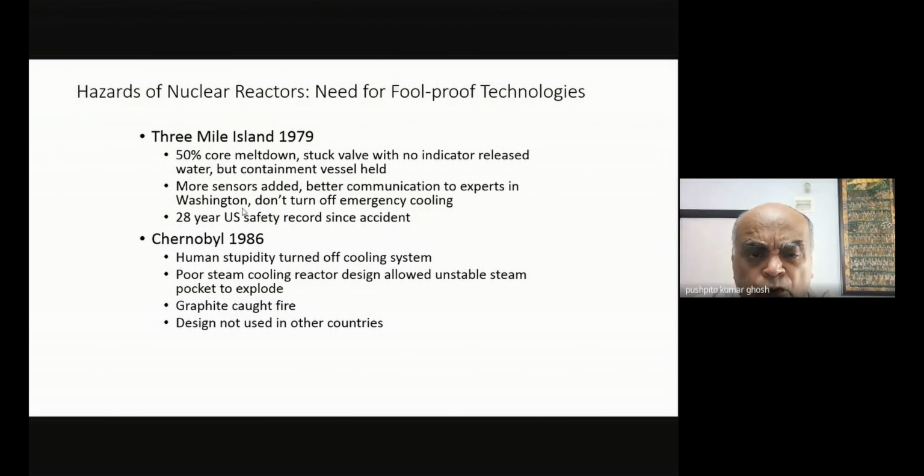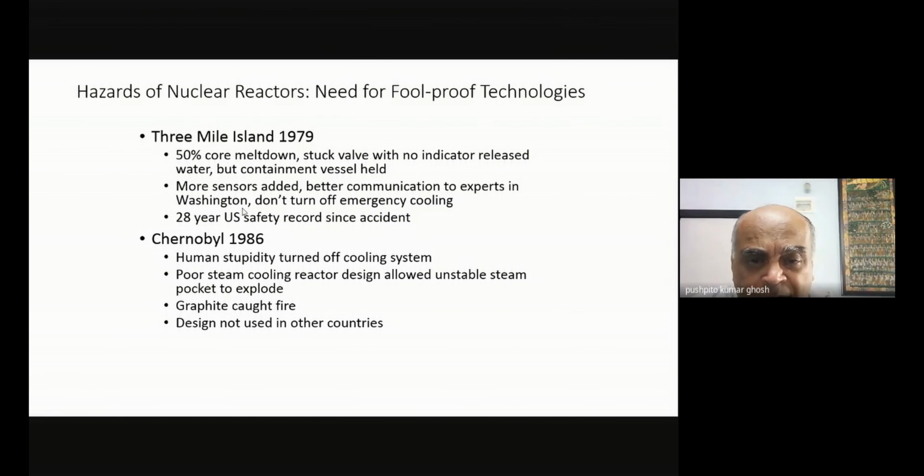Now actually there's Fukushima. I should have put Fukushima here, but there were major accidents. The Three Mile Island accident in 1979 was one of the worst. In fact, I was not aware, and I was actually traveling through that area that day, going from Princeton to Pittsburgh, and our car got diverted, and we had no idea what was happening.